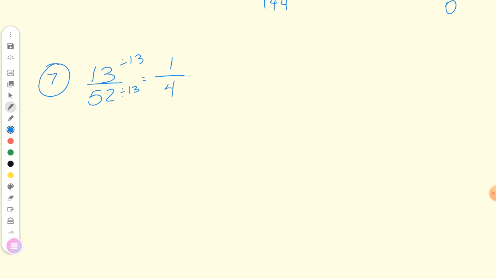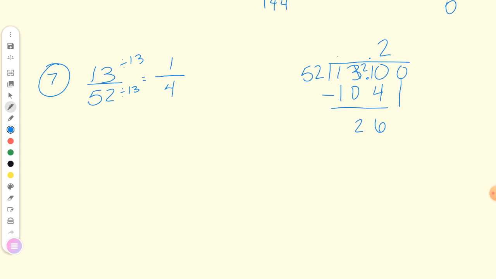We would take 13 divided by 52 at our decimal point. 52 goes into 130 twice. That would be 104. Subtract, so I have 26. Drop a 0.